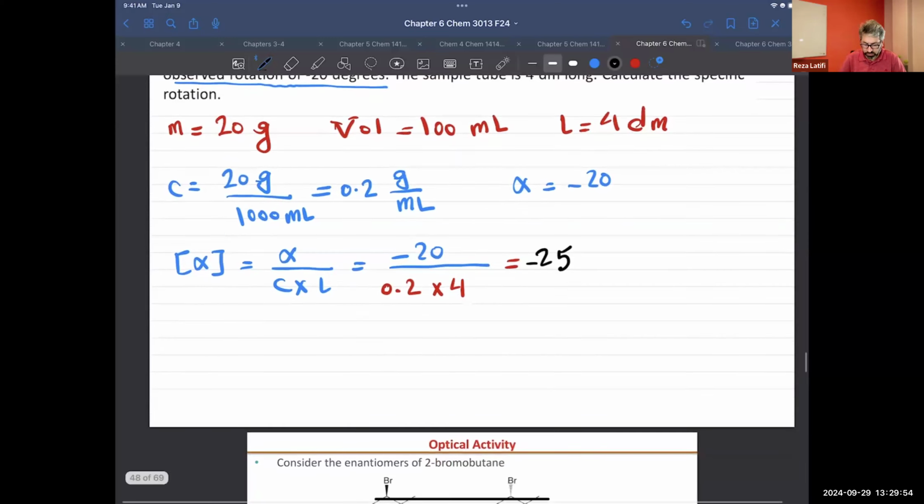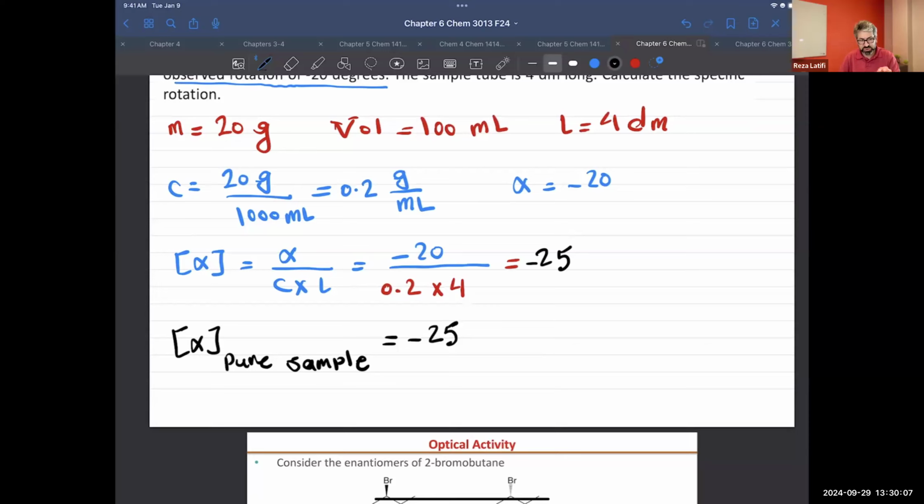What does it mean? For a pure sample, the rotation will be minus 25. So how come the observed one is minus 4?